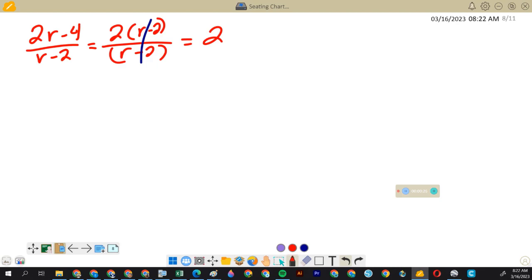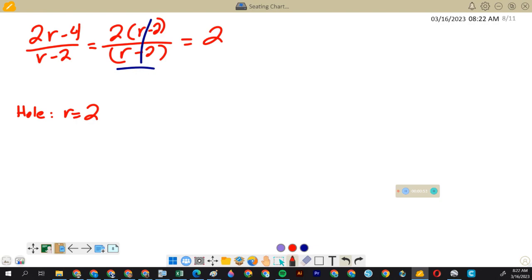Whenever you have a factor with a variable in it on the top and the bottom, and that factor cancels, on the graph that creates a hole. So if your graph looks like this, we'd go over here to r equals 2 and we would put a hole right there. So because those canceled, I know that there is a hole at r equals 2.